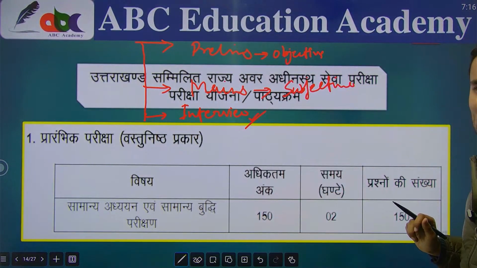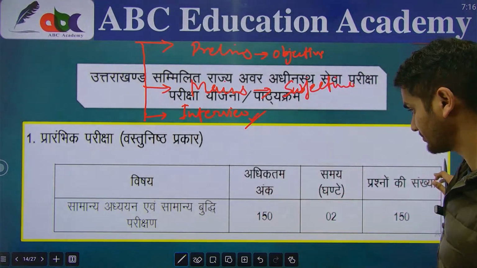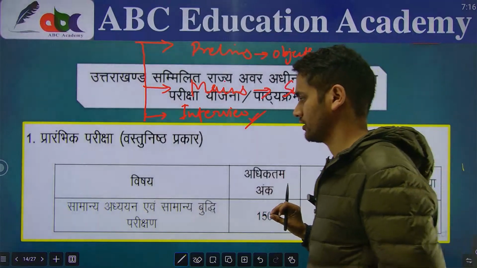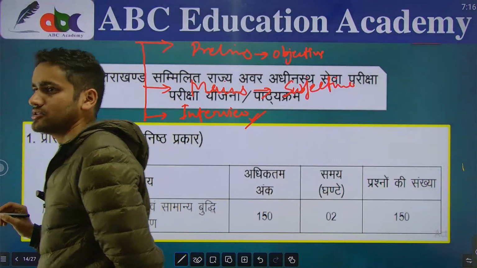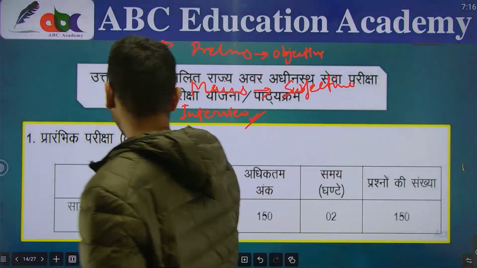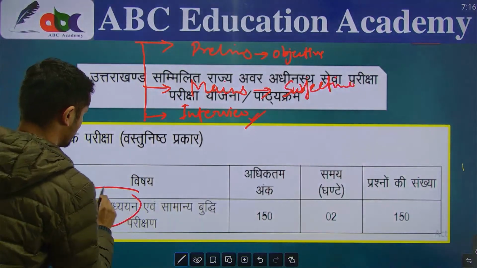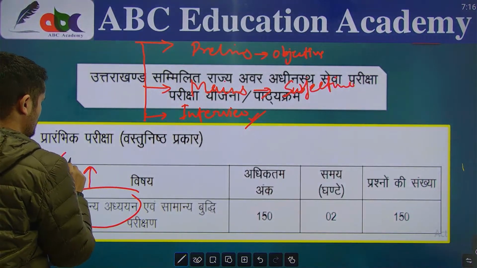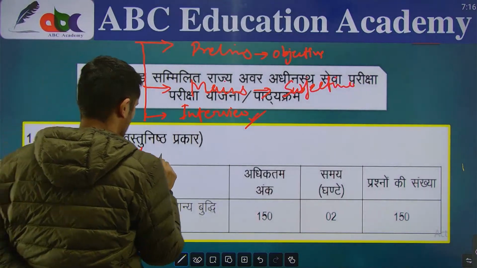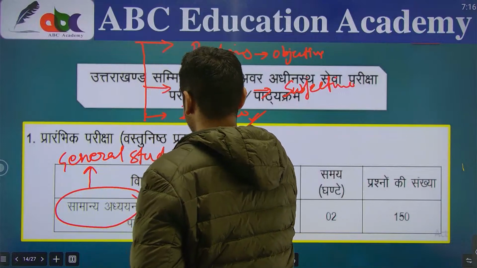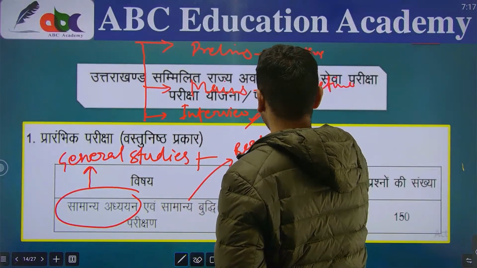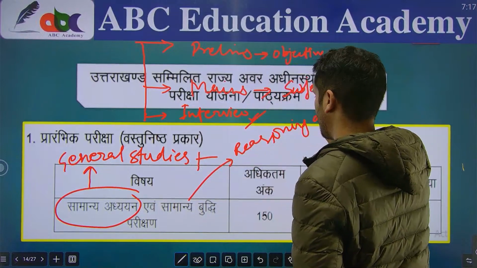Let's talk about the prelims examination and what is the pattern of it. For prelims examination, you have to cover two topics. That is general studies plus reasoning and aptitude.